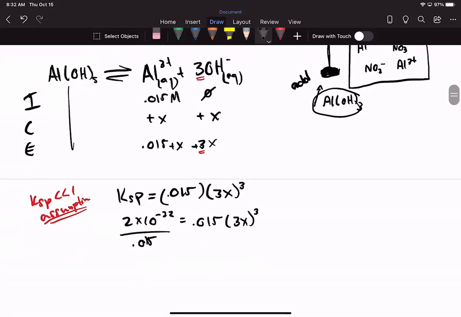Let's do baby steps here, step by step. 2 times 10 to the minus 32 divided by 0.015 is equal to 1.33 times 10 to the minus 30, which is equal to 3x to the third. Let's go ahead and divide that by 3.